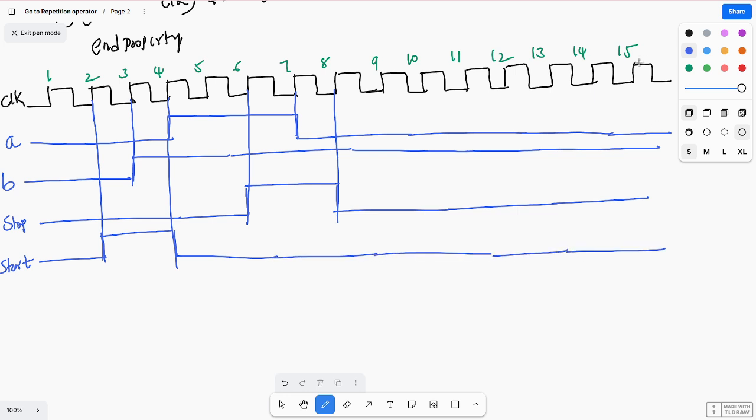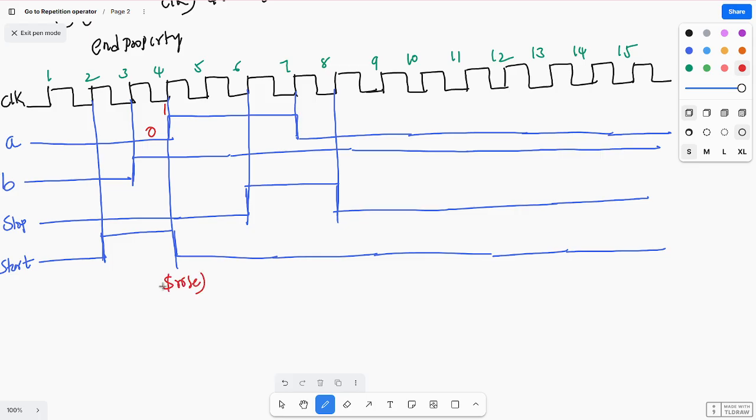Okay, so first, it will check for dollar rows A. Dollar rows A means where it will start. So initially it will start from here, 0 to 1. So 0 to 1 means here it will start, dollar rows.